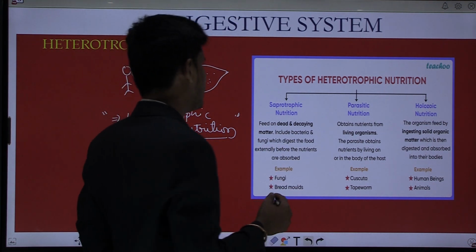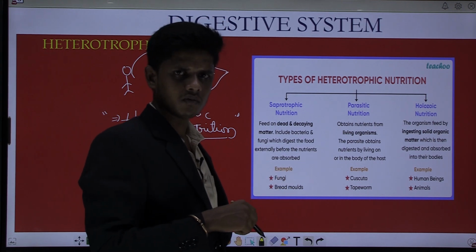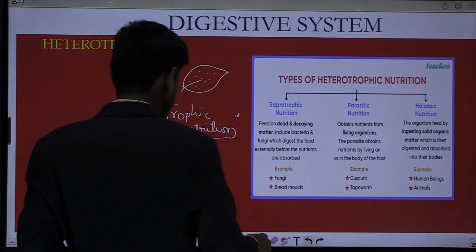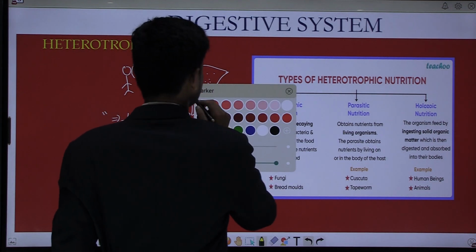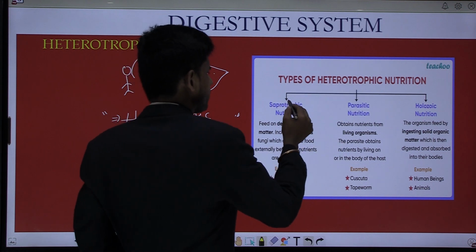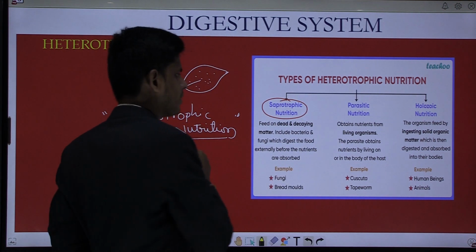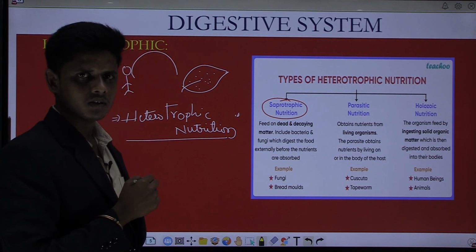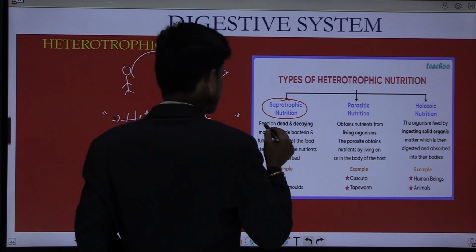Here I would like to differentiate heterotrophic nutrition into three types. Let us have a look at that. The first one is saprophytic or saprotrophic nutrition. Here I would like to give you an example.